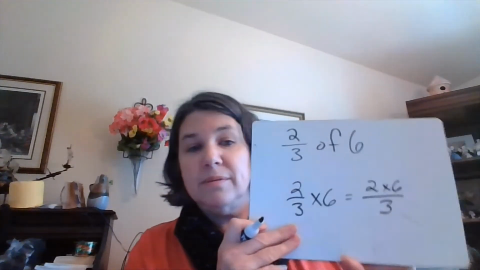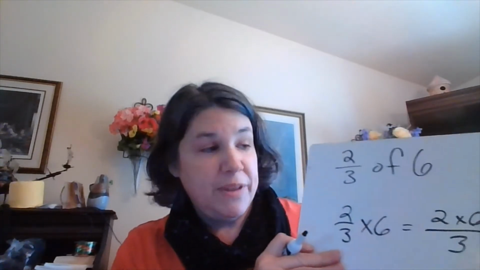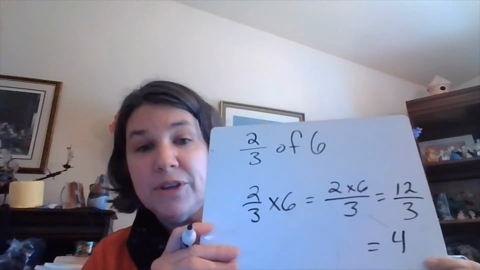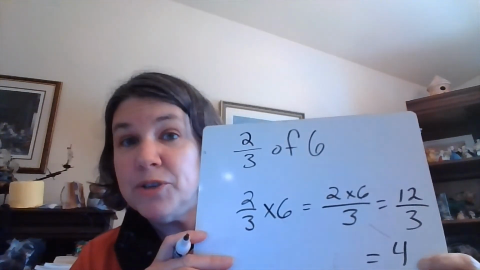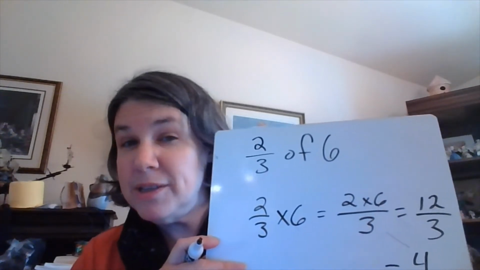And that is easy to write as 2 times 6 over 3. So we multiply the 6 times the numerator, and then still divide by the denominator. And that's going to give me 12/3. And 12/3 reduces down to 4. So that's the multiplication method for this. Do you remember that? All right.